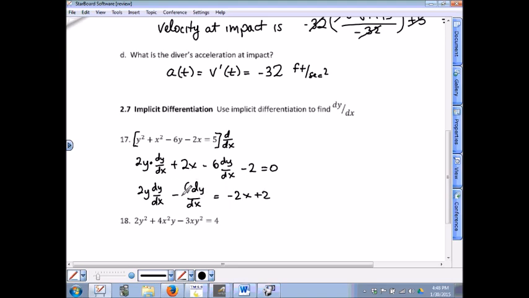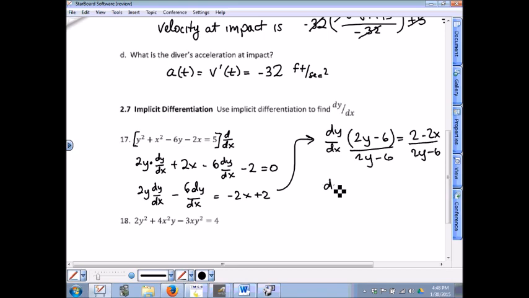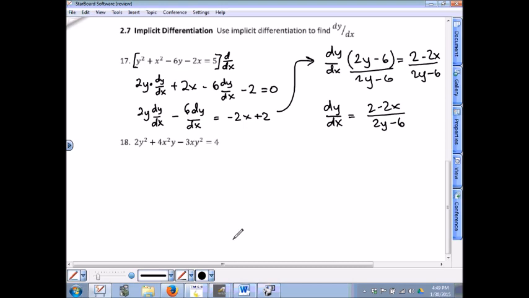And then on the left side, both terms have dy dx, so you can factor out a dy dx. You get 2y minus 6 equals 2 minus 2x. And then divide by the 2y minus 6. So the derivative with respect to x is equal to 2 minus 2x over 2y minus 6.